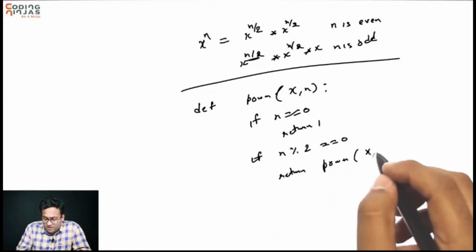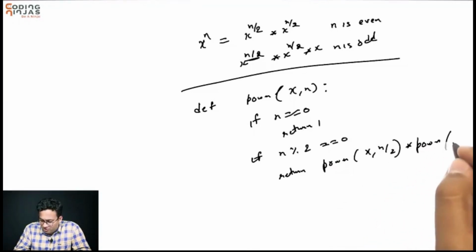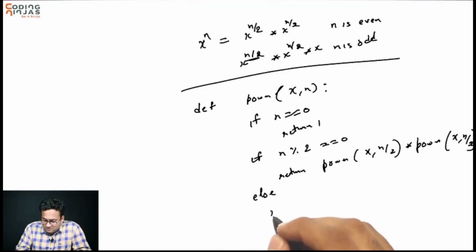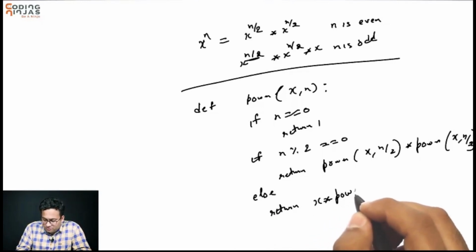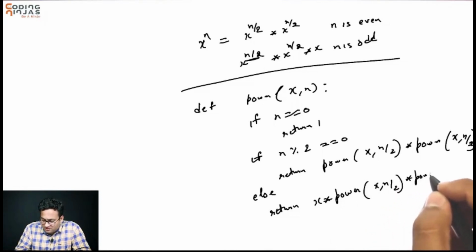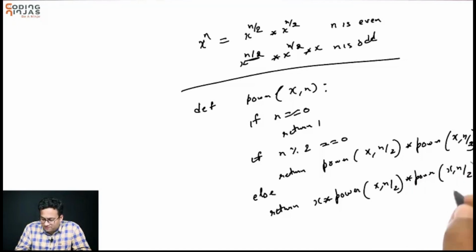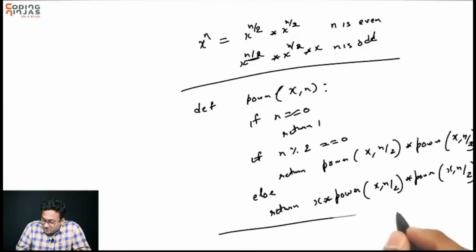A lot of you are going to write code like this, and I'll tell you there is some problem with writing code this way. Else return x into power x comma n by 2 into power x comma n by 2. If you write your code this way, and it's just pseudocode, don't try to find whether I missed a semicolon or some other colon. Don't worry too much about that. Let's just focus on the pseudocode.